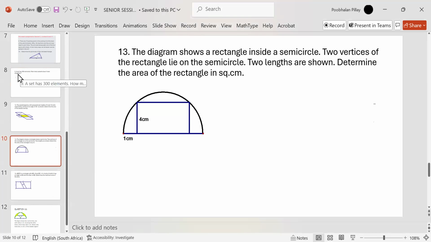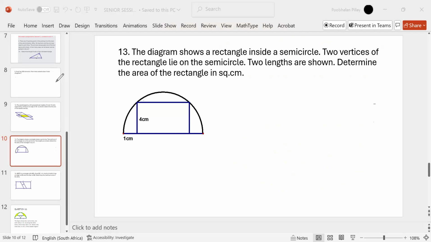Very often, area problems are given instead of asking a geometry problem, but you use a lot of geometry to find the area. That is why these area problems look as if they're easy, but there's geometry involved in it. Now we have to find the area of the rectangle.